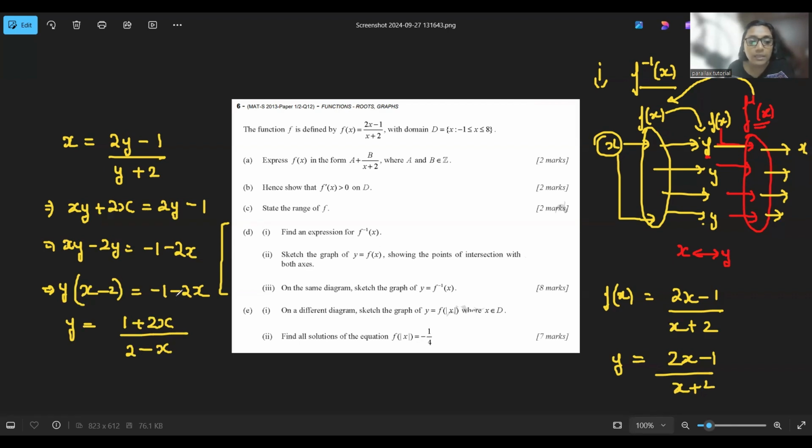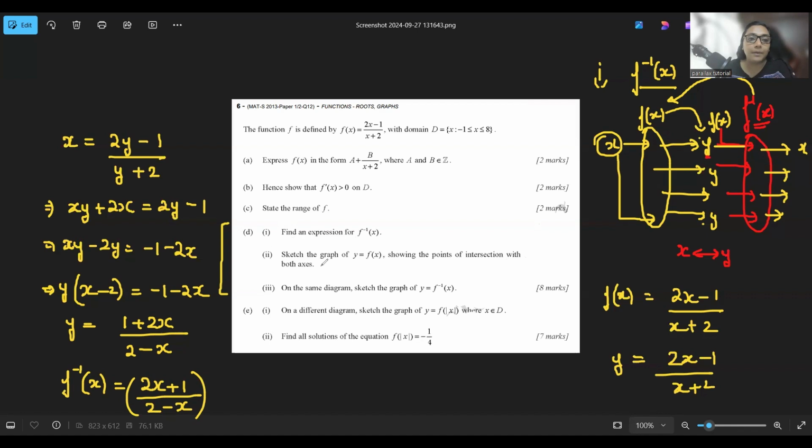I've just switched the sign, so this sign also becomes positive. Why have I done that? Just so that my function becomes easier to work with. So f inverse of x comes out to be (2x plus 1) by (2 minus x). This is my expression for the inverse of x.